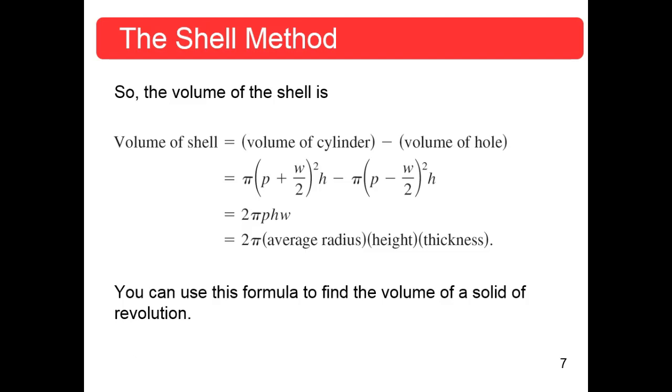They skip a lot of detail here, but if you squared this, you'd have P squared plus twice the product of these two, which is just PW, plus W squared over 4. The pi and H are the same, they're going to be multiplied by it all.